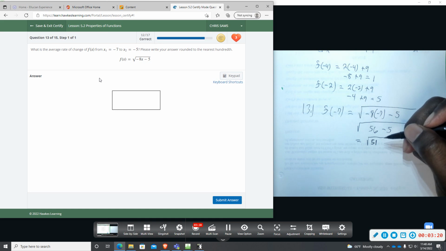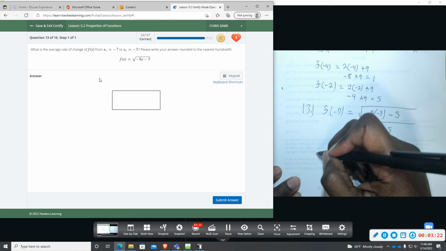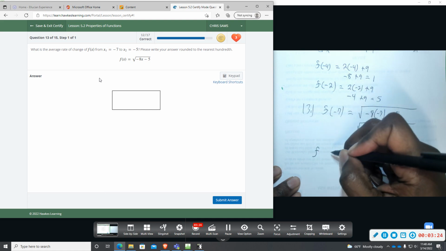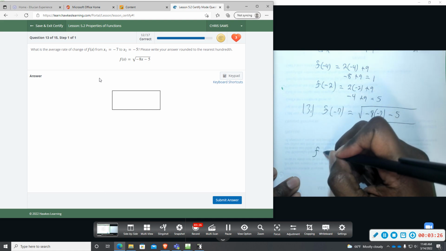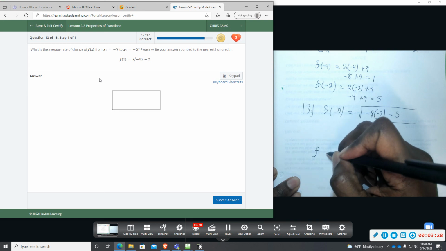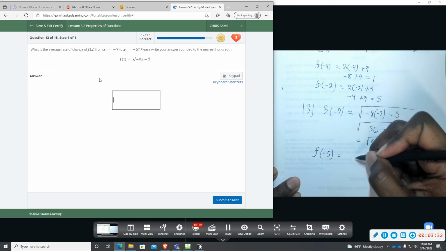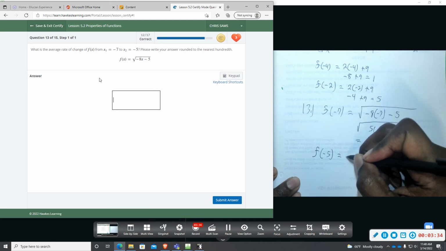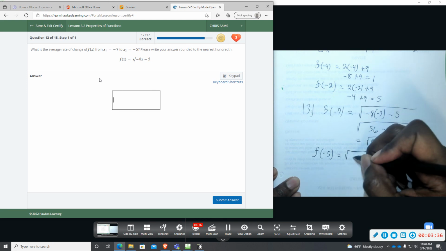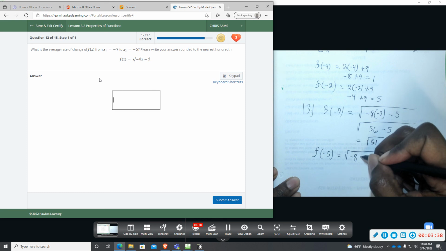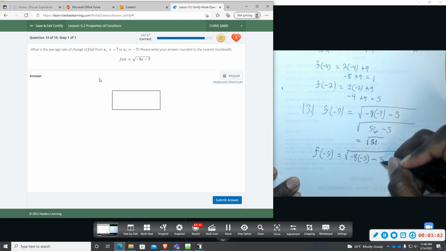And then f of -5 is going to be the square root of -8 times -5 minus 5.